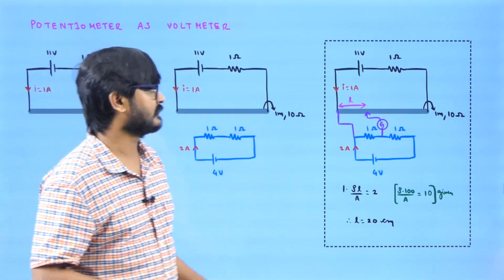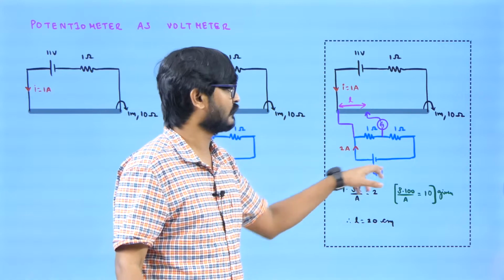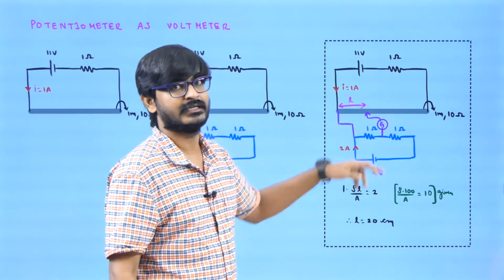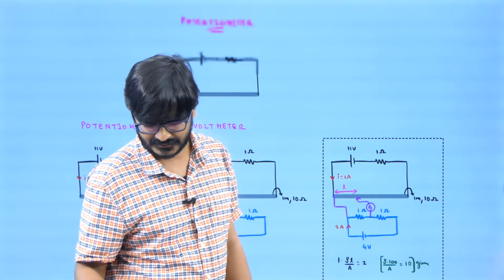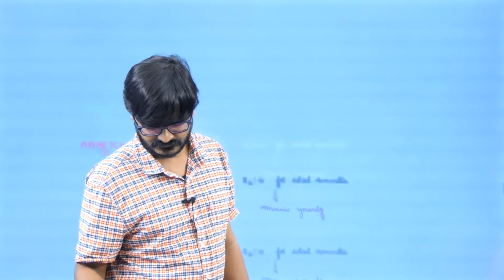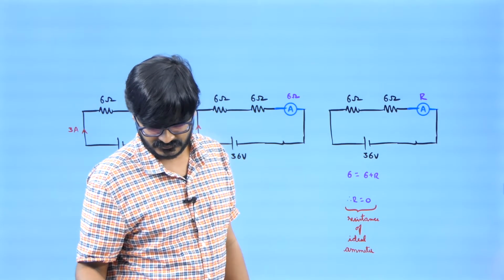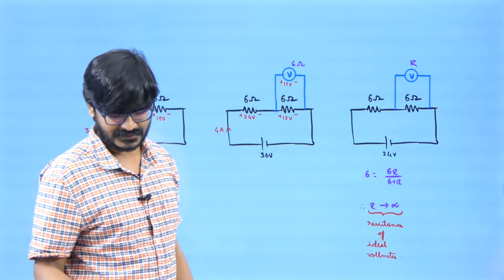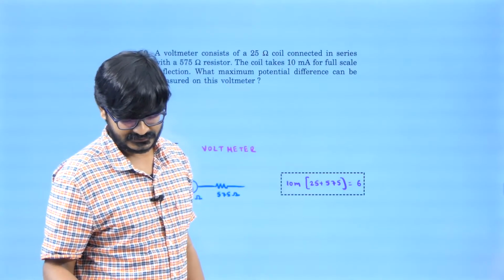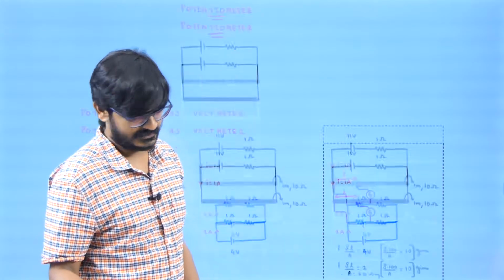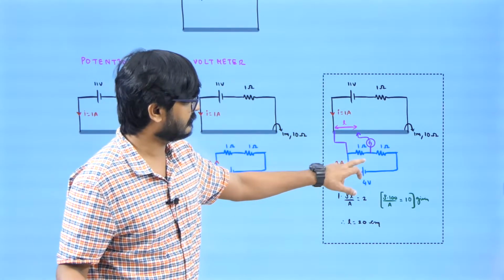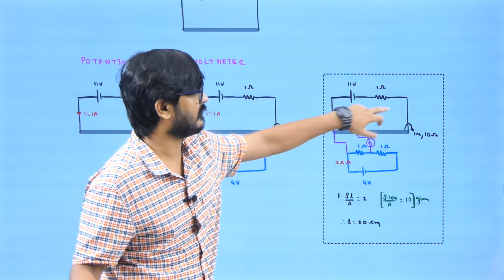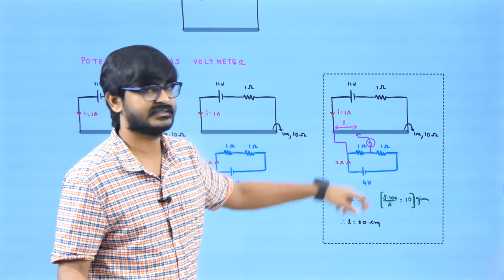But there is one more good thing here. There is no current flowing in this circuit from here to here, right? But what happened when we tried to use a voltmeter? It used to change the circuit. But what is happening here? It is not changing the circuit. It is not making current flow from this circuit to this circuit. This one we will call the primary circuit, and this one we will call the secondary circuit.